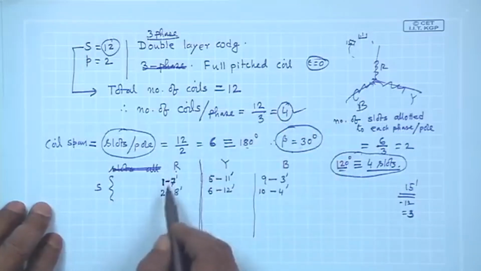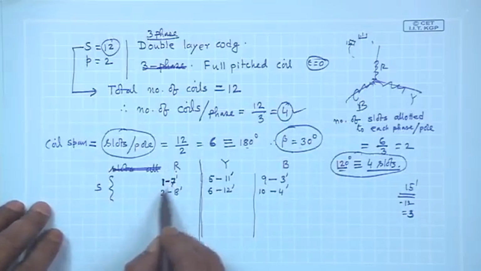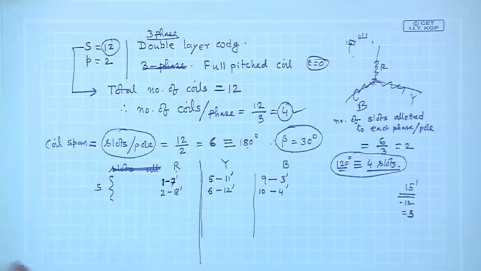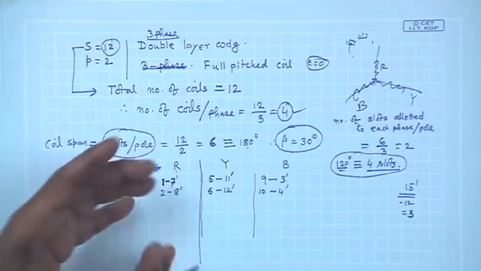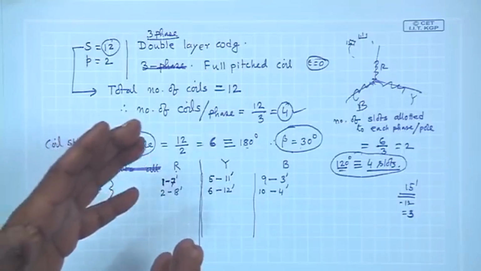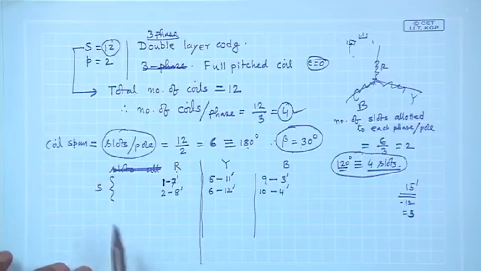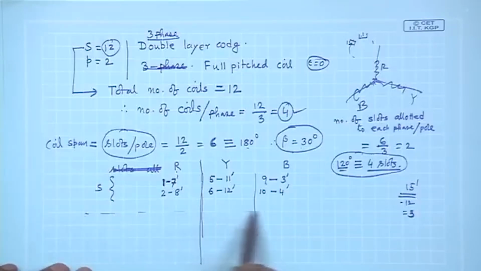So, look at R phase. Oh, I have got only 2 coils accommodated in those slots. So, another 2 coils are still remaining for R phase, Y phase and B phase, where they will be positioned. At least I will give you some indication and I will continue with this.